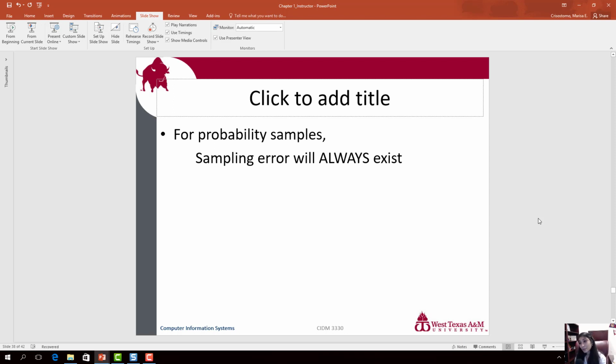So going back to our flu example, if I take a sample from Houston, New York, and Chicago, it might be slightly different than if I took a sample from Houston, New York, and Denver. Because samples will always vary from one to the next, sampling error will always exist.